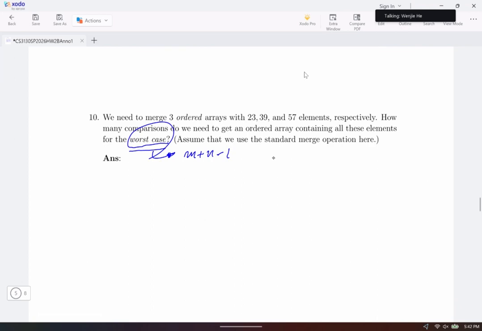For the worst case, the number of comparisons is the largest, right?